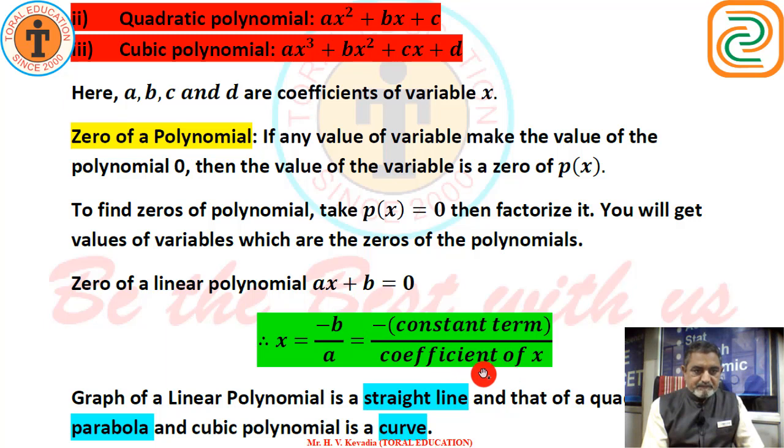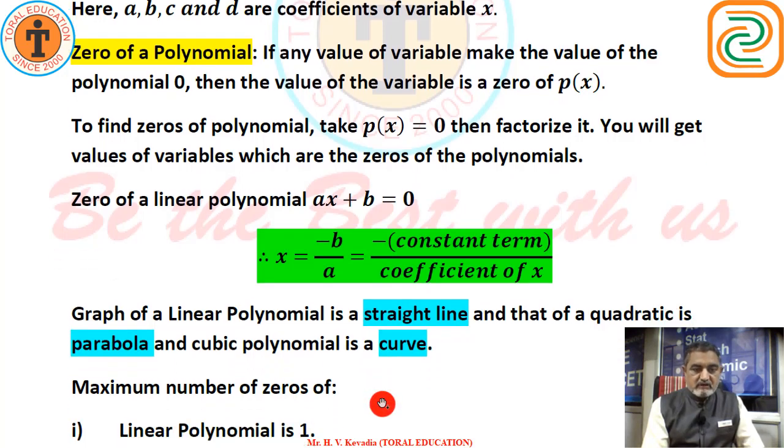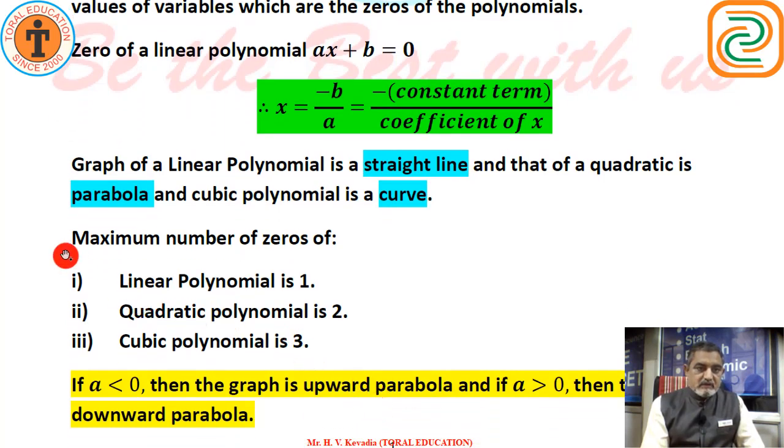The graph of a linear polynomial is a straight line, and the graph of a quadratic polynomial is a parabola, and the cubic polynomial is a curve. Right? This must be clear. A linear polynomial has a straight line, a quadratic has a parabola and a cubic polynomial has a curve of a different kind.